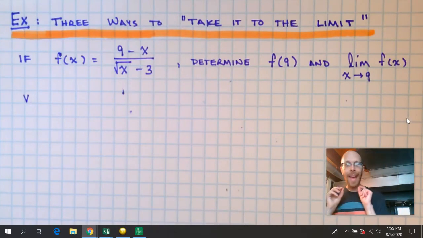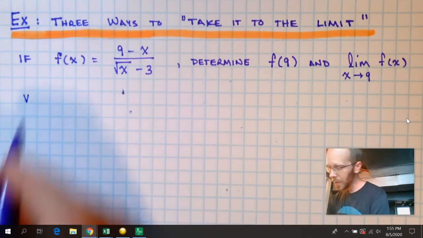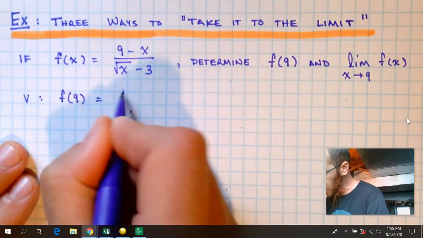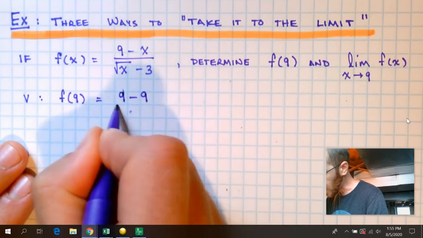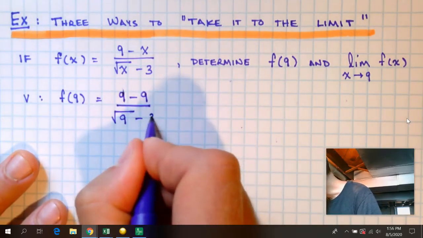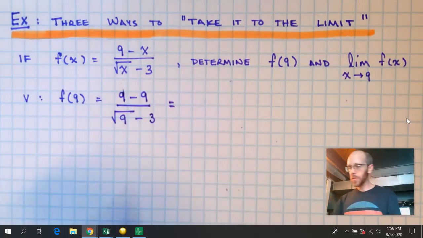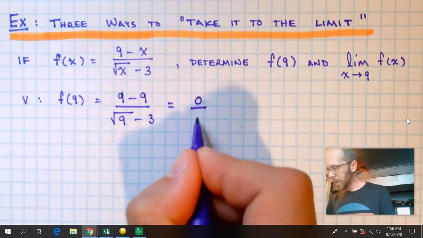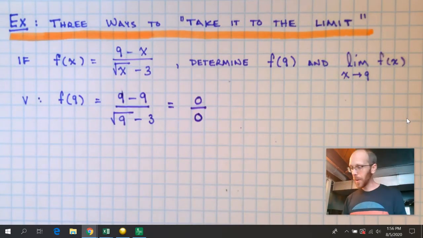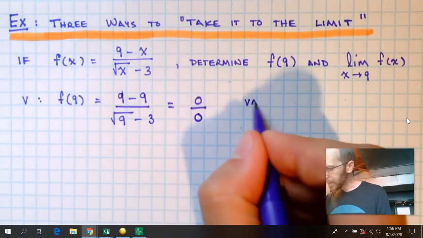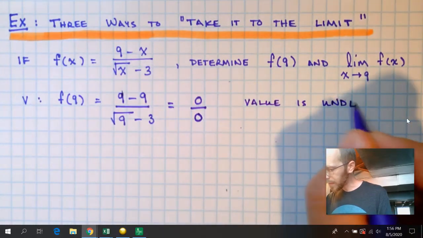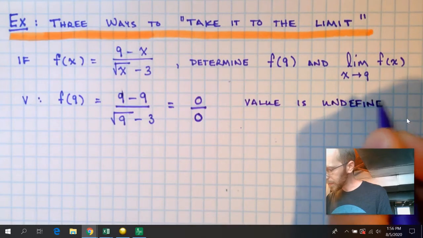So anytime you're trying to find the value, let's pretend we don't have a calculator, you would go ahead and plug that number into the function, which would give us 9 minus 9 over the square root of 9 minus 3, which gives us 0 over 0, which is not a number, so the value is undefined.